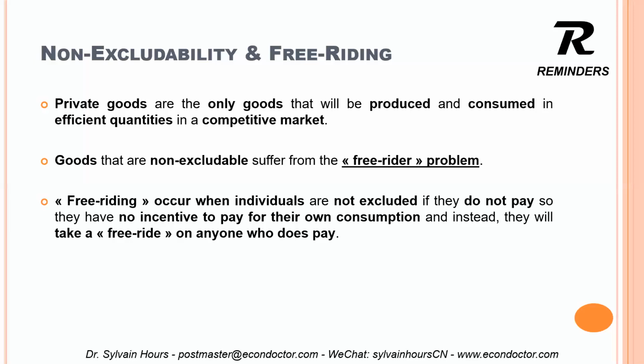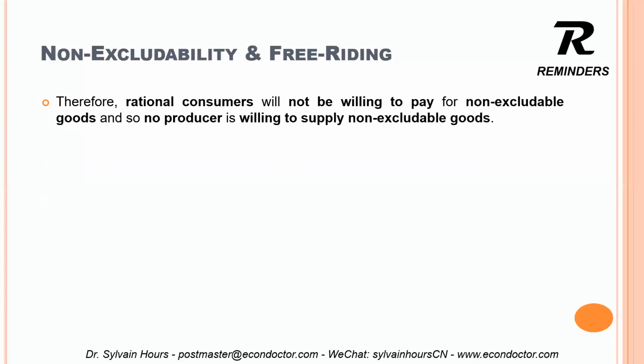Do they have an incentive to allocate resources to the production of that non-excludable good? Absolutely not. And therefore, it's not going to be provided. Therefore, rational consumers will not be willing to pay for non-excludable goods: zero effective demand. And so no producer is willing to supply non-excludable goods.